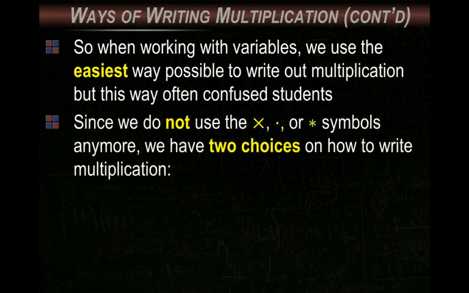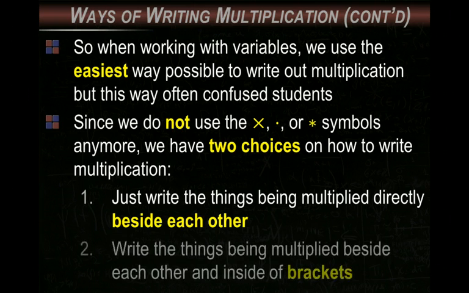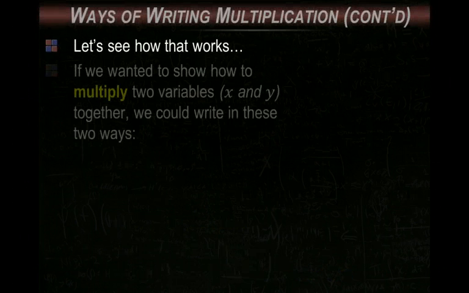The 2 choices are: 1, just write them beside one another. If you want to write x times y, just write them right beside one another, xy. Or 2, use brackets. Brackets might even be an easier way for some of you to grasp that things are being multiplied together. These are the 2 ways you do multiplication, and yes, we're going to practice them.